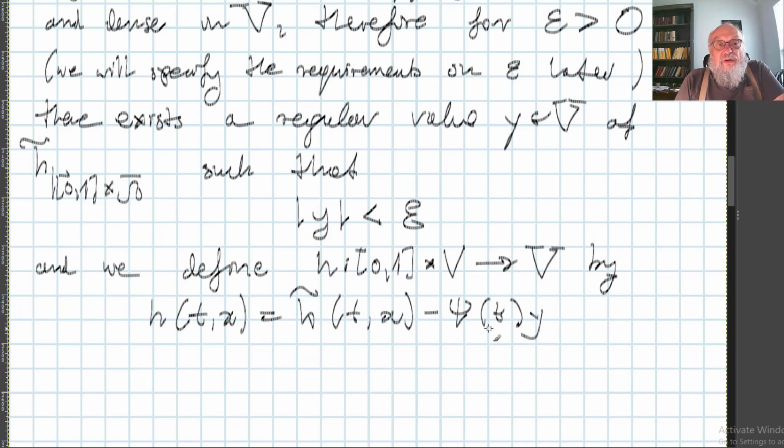We are correcting it to the homotopy that has 0 as a regular value.